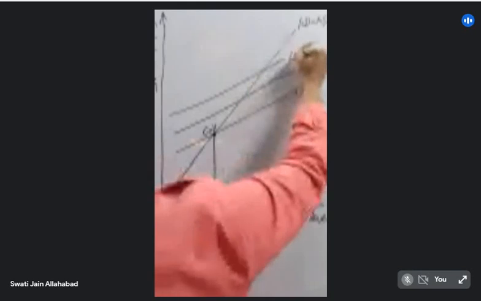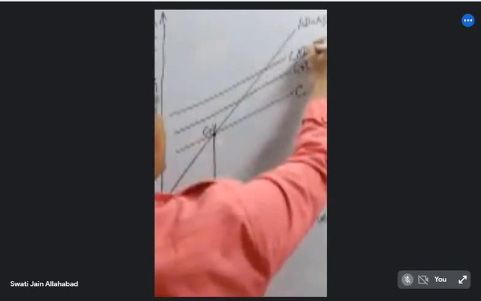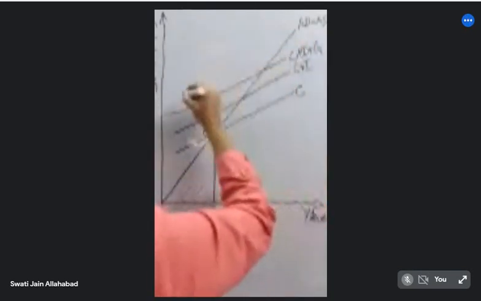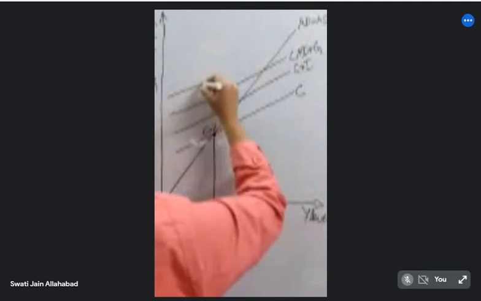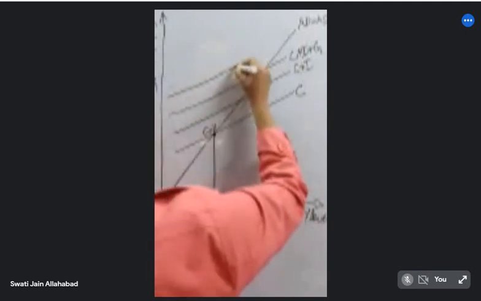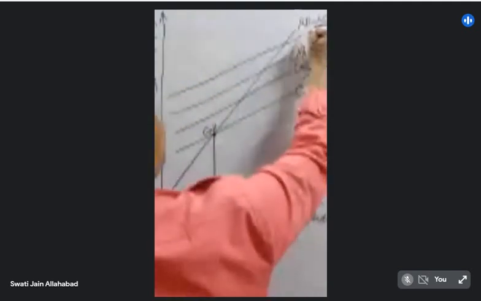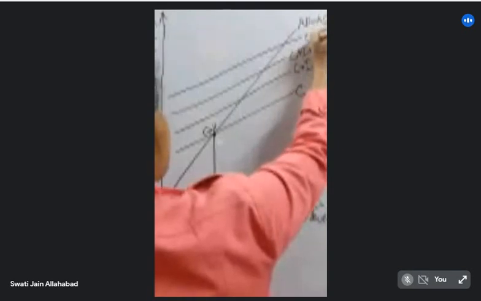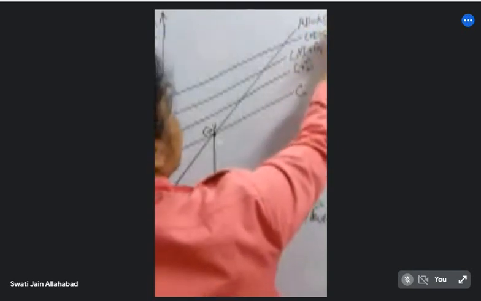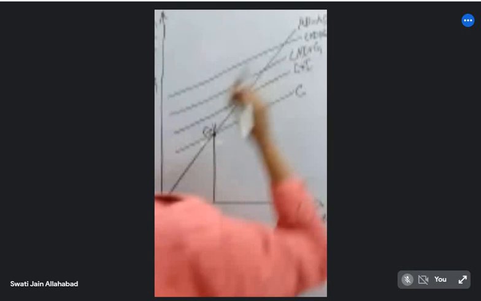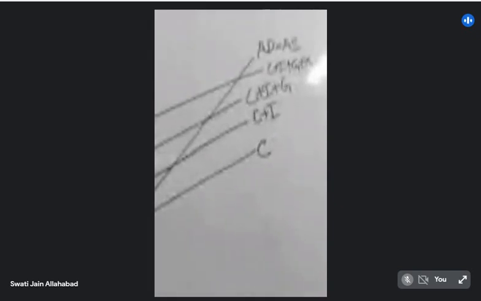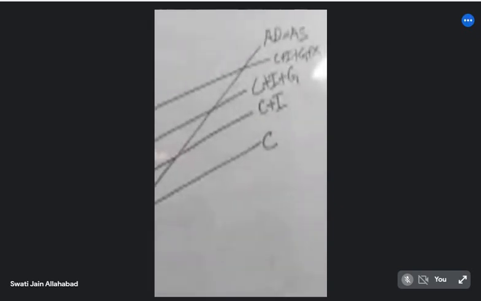So this will be C plus I plus G. Then you can add another line. This line will be C plus I plus G plus X. See this, C plus I plus G plus X.